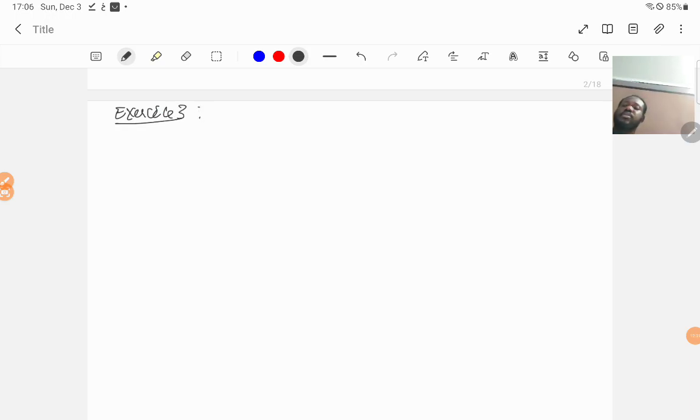The third exercise, let's take a look. It's about the diagram reduction. We have here x, positive, negative. This one you have here g1, positive, negative.